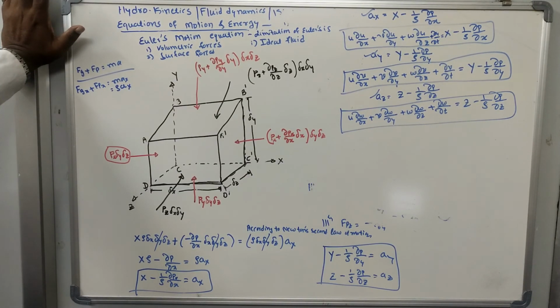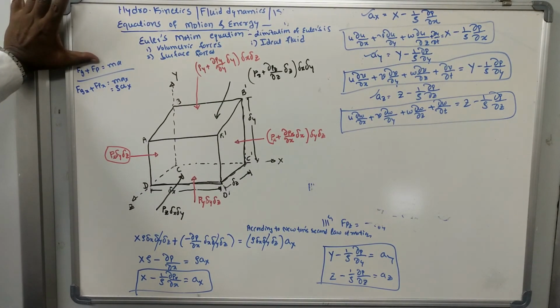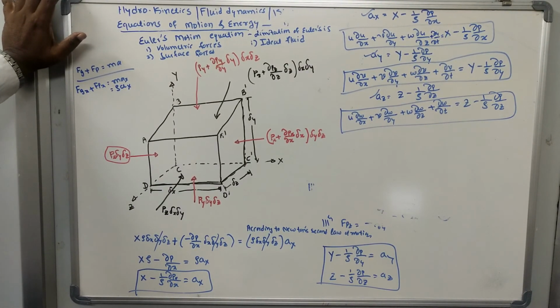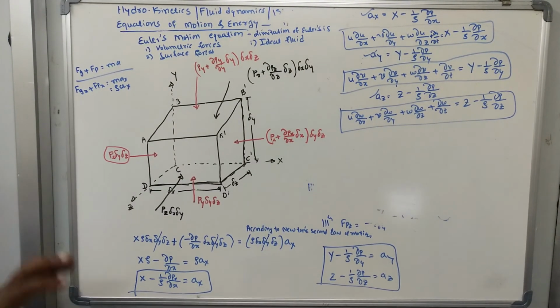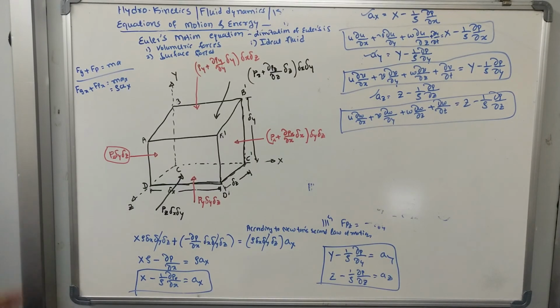Using Newton's second law of motion, the sum of the external forces is equal to mass into acceleration. So we took the sum of the gravitational force and the surface force and equated it to mass into acceleration, and got the Euler's equations in terms of acceleration and also in terms of velocities.